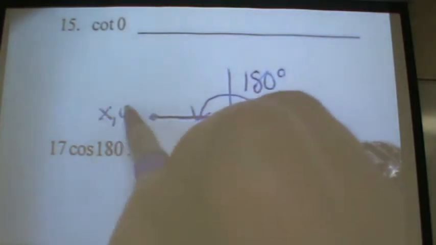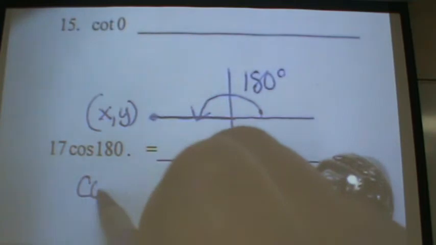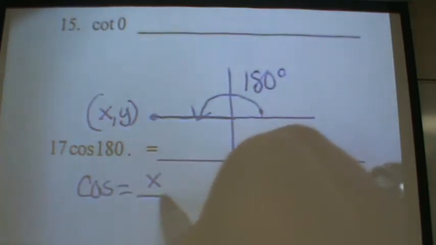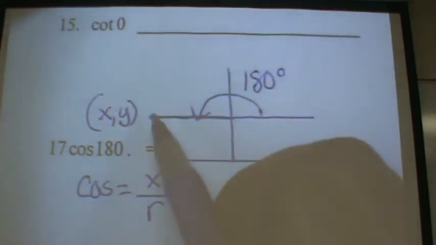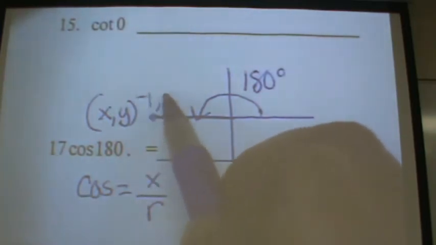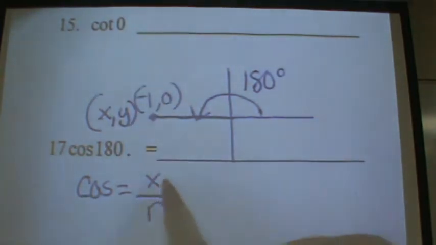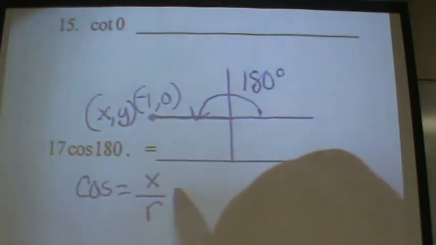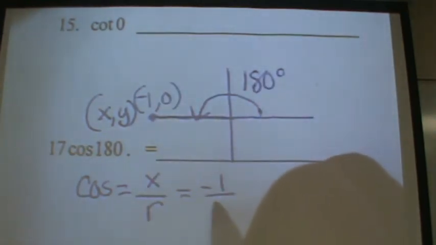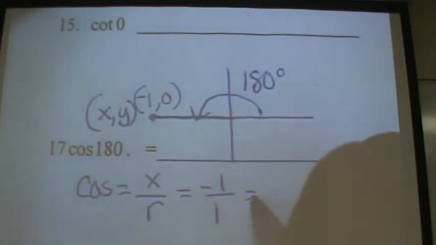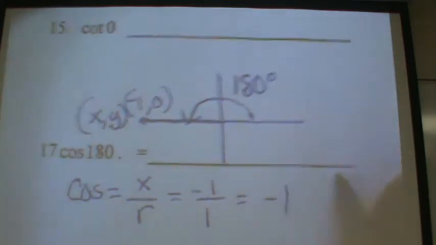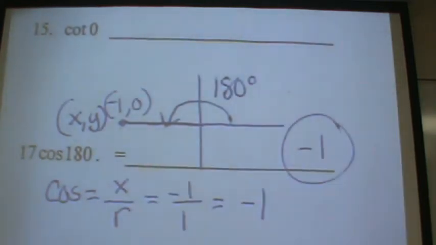Cosine is x over r. What is the x value? Name this ordered pair right here: (-1, 0). So the x value is negative 1, and the r value is 1. What's negative 1 over 1? So this answer is negative 1.